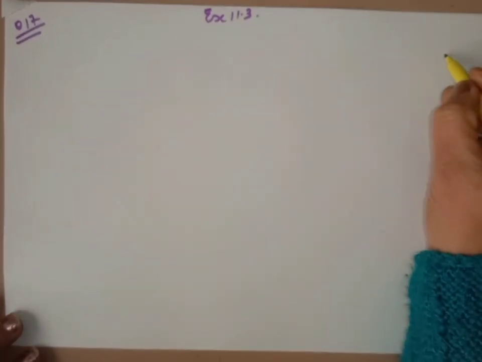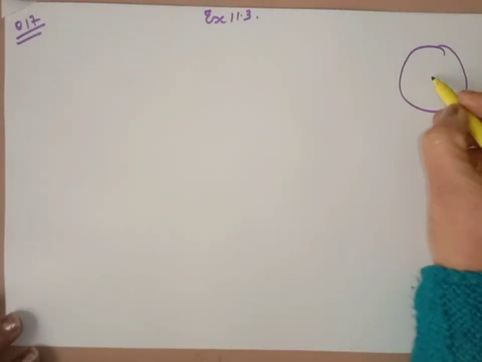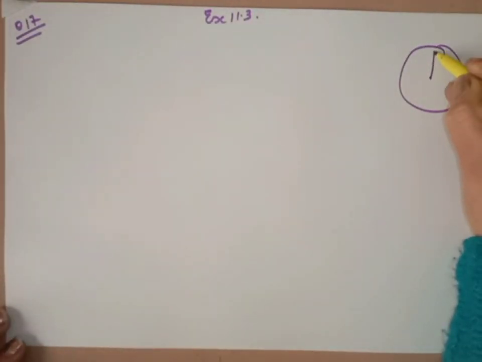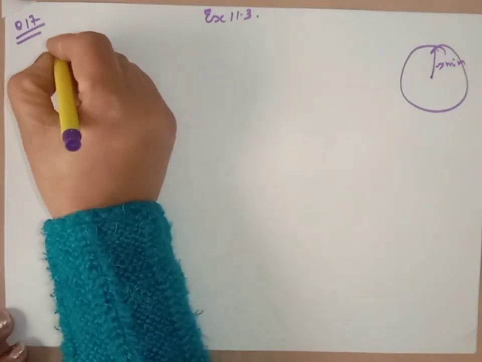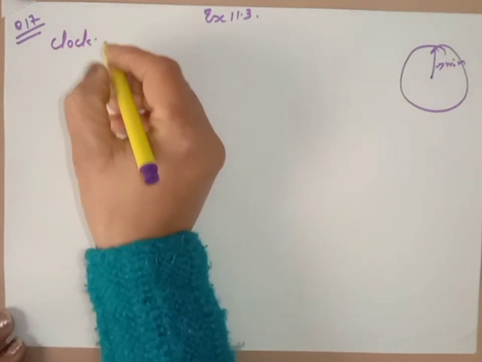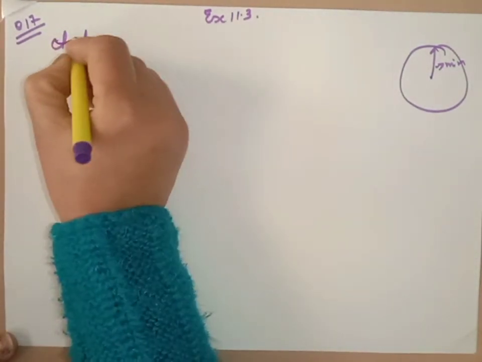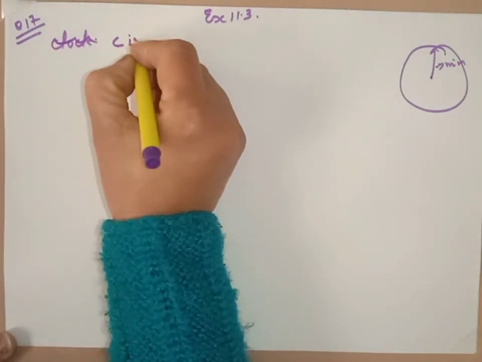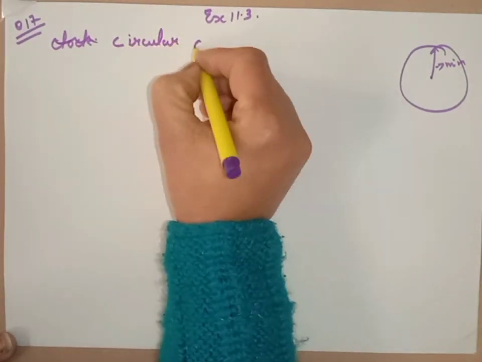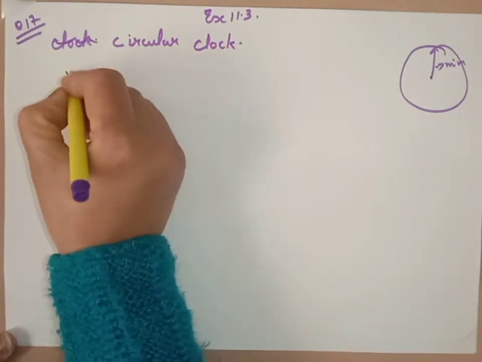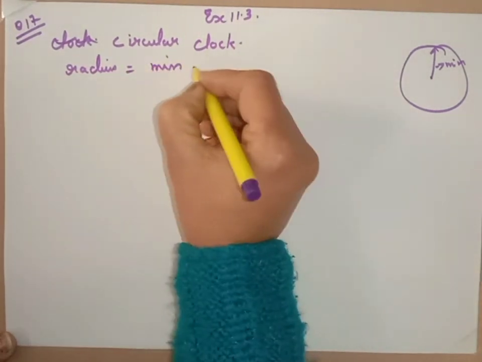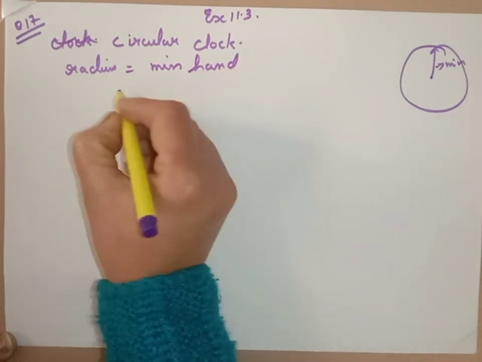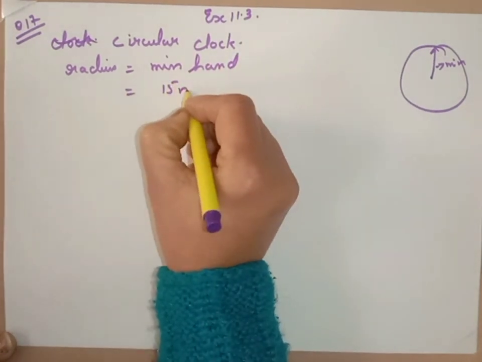Now the clock is circular, and the minute hand is always from the center. The minute hand is the radius of this circular clock, and the radius is equal to the minute hand, that is 15.